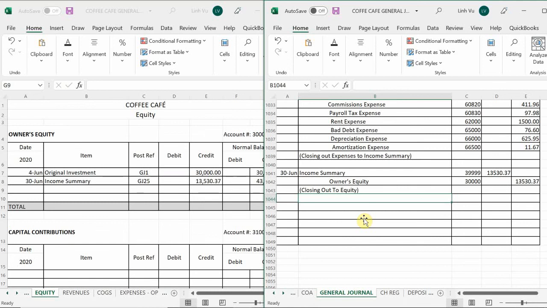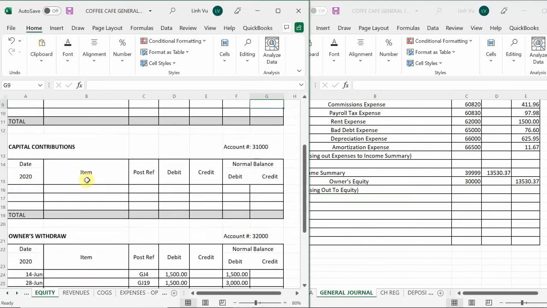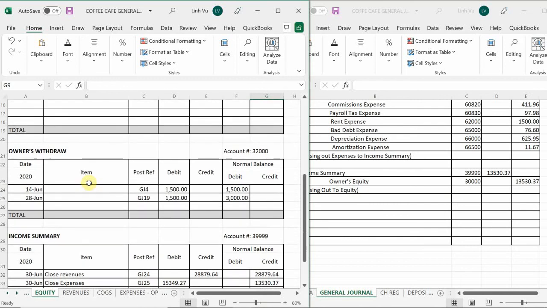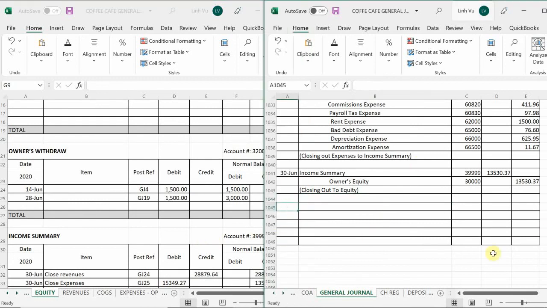Last thing I need to do is I also need to zero out or close out my owner's withdrawal because that affects my equity as well. In this case, I have a debit balance in my owner's withdrawal.